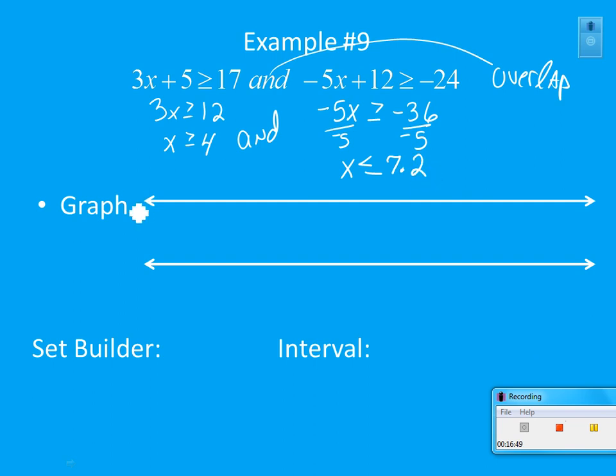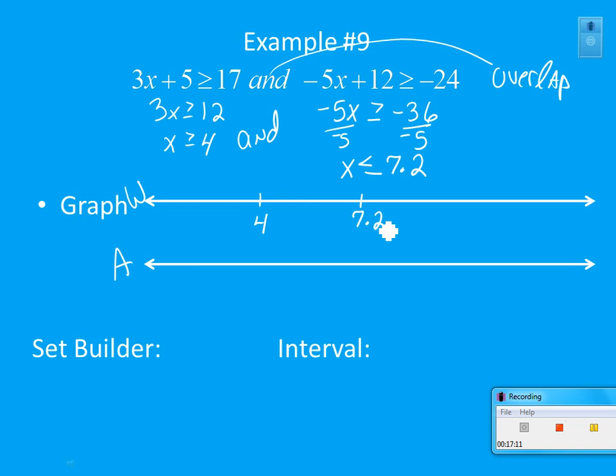Now, I'm going to go ahead and use the working graph and the answer graph again. If you can picture all the numbers greater than or equal to 4, but less than or equal to 7.2, and you could graph it and then write your answer, I'm good with that. But here's what it looks like. 4 is there, 7.2 is there.